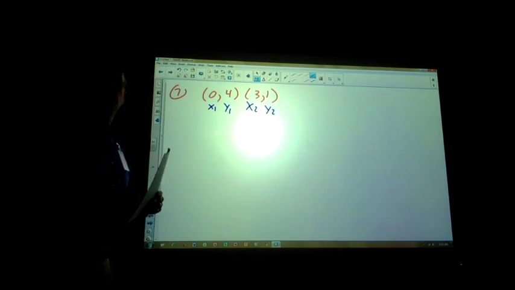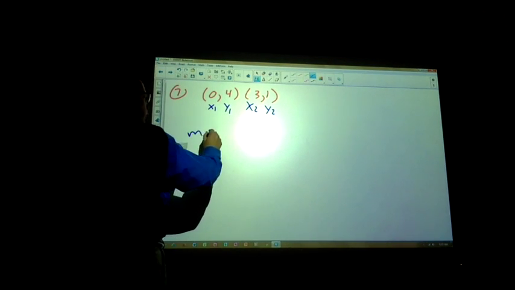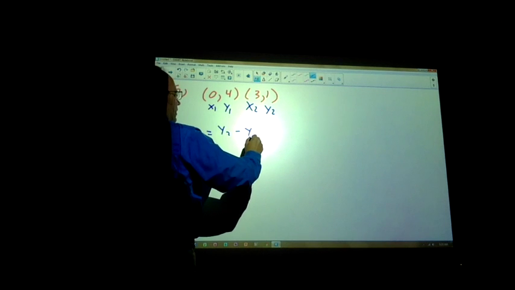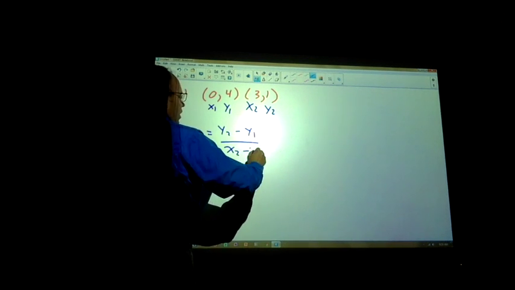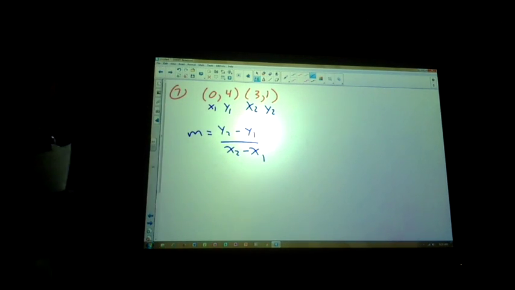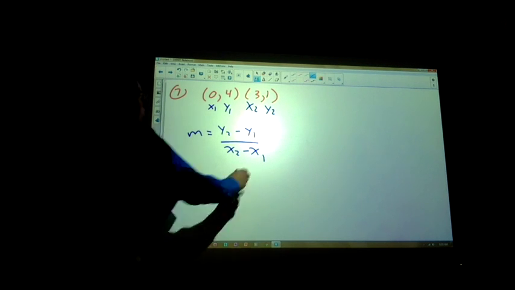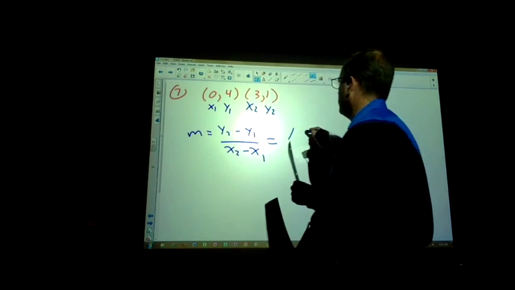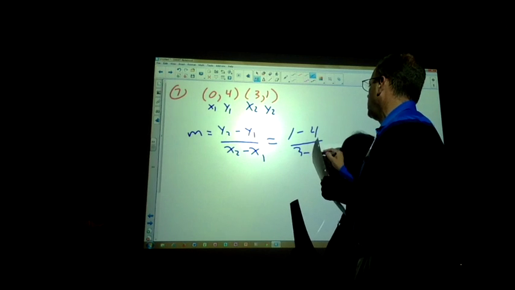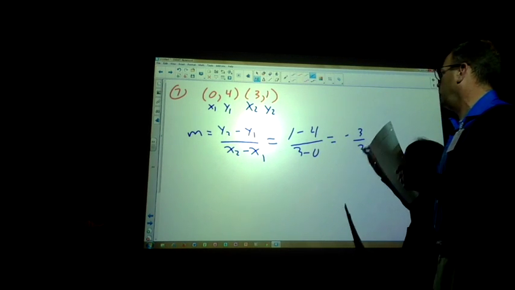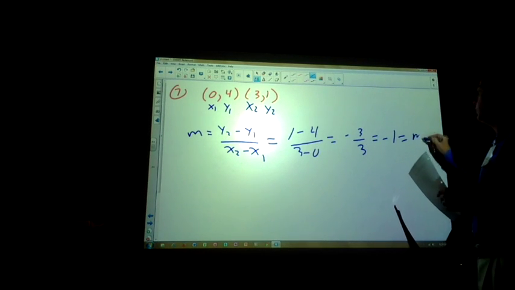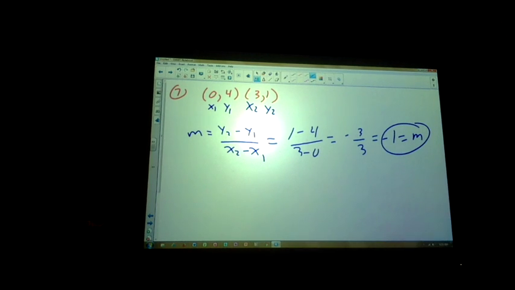Doesn't change. Slope equation. You'll be able to find the slope equation someplace on the test. I'm not going to tell you, here's the slope equation. So on number 7, find the slope first. Okay, so I have 1 minus 4, 3 minus 0, so I get negative 3 over 3, which is negative 1. That is my slope. Good?